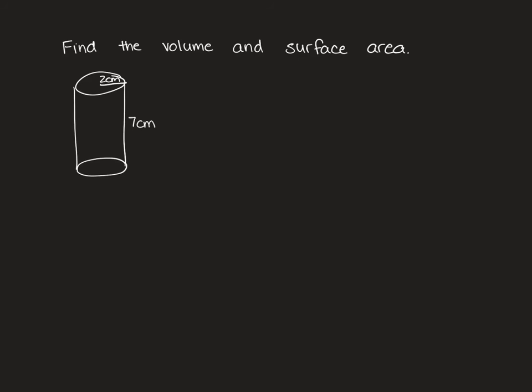We're just going to calculate both for the one shape that we have here to practice before I let you go with your worksheet. So we're going to start with volume, and our formula for volume is pi r squared times h. I start by substituting what I know. So pi becomes 3.14, r squared becomes 2 squared, and h becomes 7.